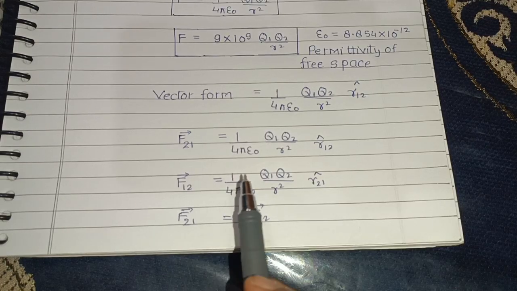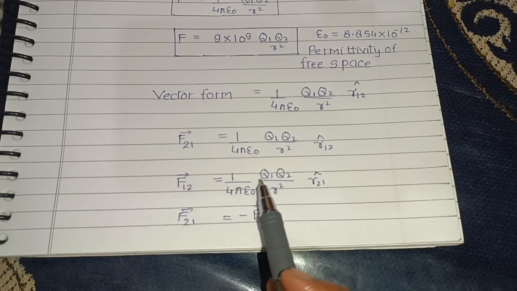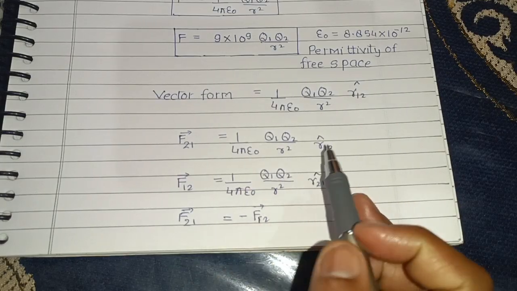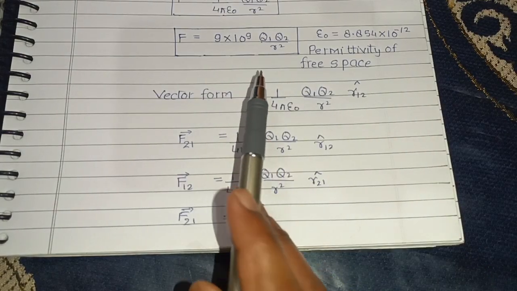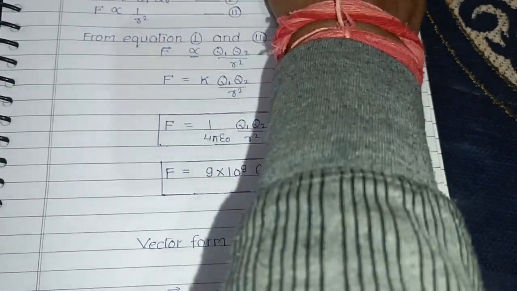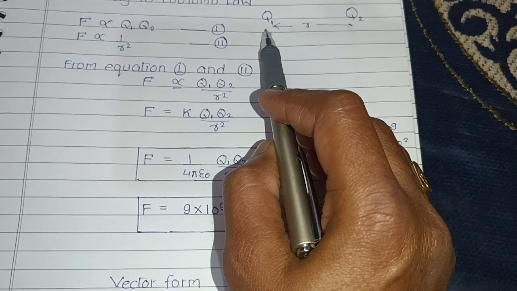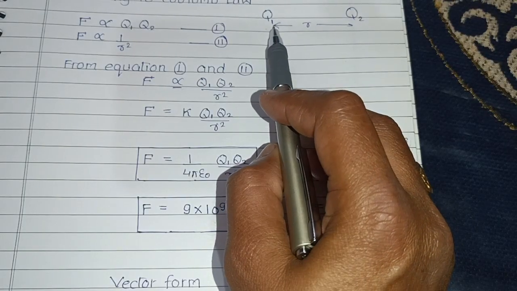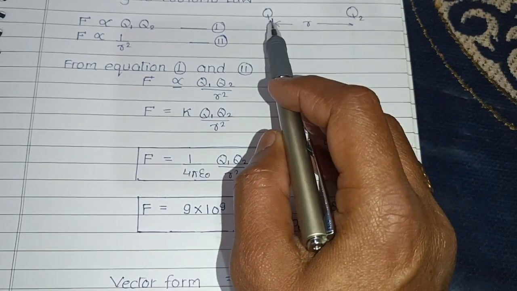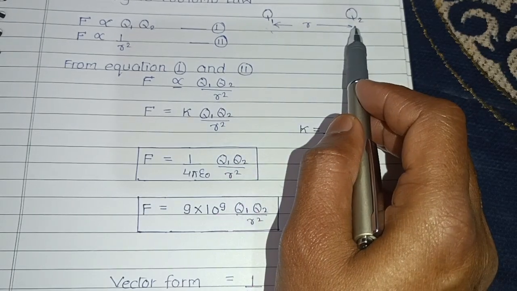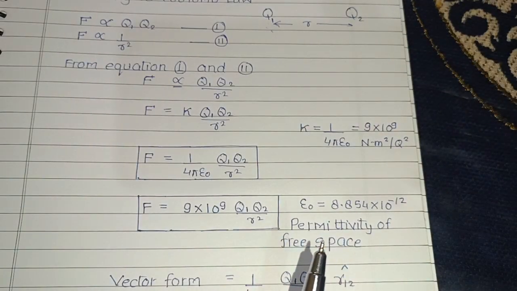Now discuss about vector form of the Coulomb law. This is a vector form. Okay, when charge q1 will apply force on this q2, ठीक है, okay.